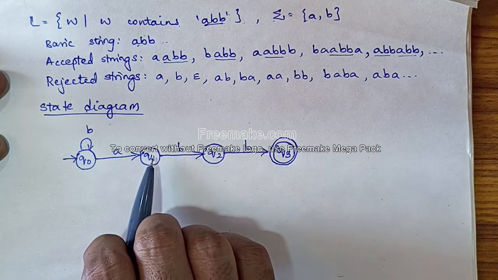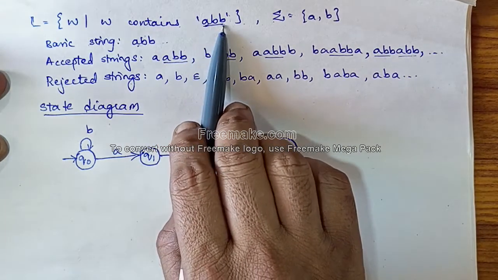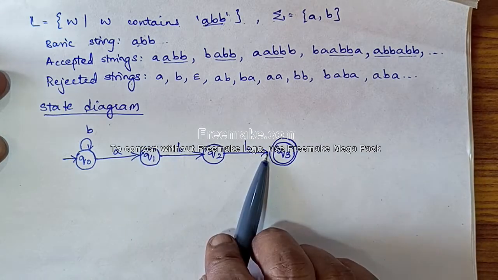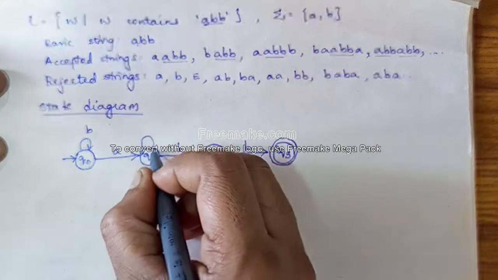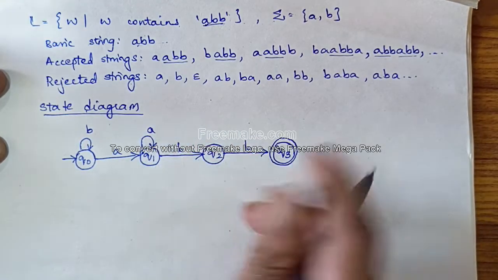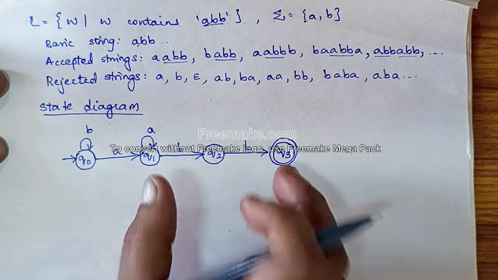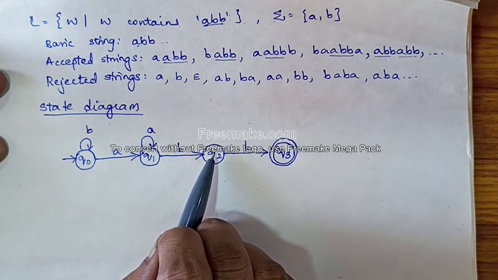Q1 on getting an A is not determined yet. Since the condition is again ABB, I can start with A, any number of A's and then B, B. Still my substring ABB is maintained, so it is still a valid string. Again in Q1, both A and B are handled.